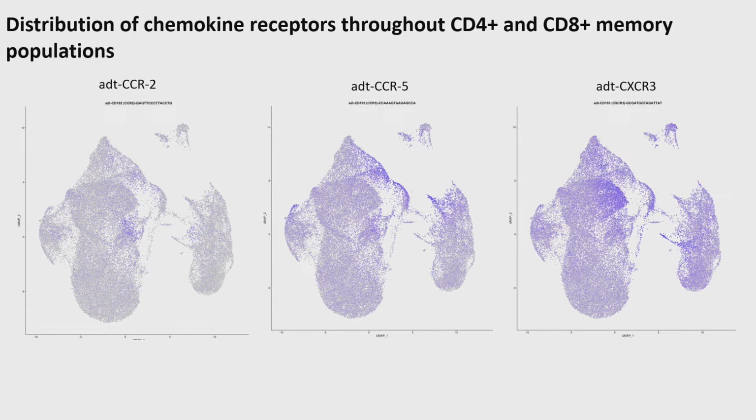CCR5, which is important for reducing glycolysis in memory cells, so it's a regulator of metabolic fitness, and you can see its expression here on this kind of peripheral portion of CD4 memory, CD8 memory, and then the most highly expressed CXCR3, which is important for TH1, and then you can see that's kind of distributed throughout both the CD4, the TRMs, and the CD8 memory populations. So if you understand the biology, you can really use this kind of technology and take advantage of what's actually happening.